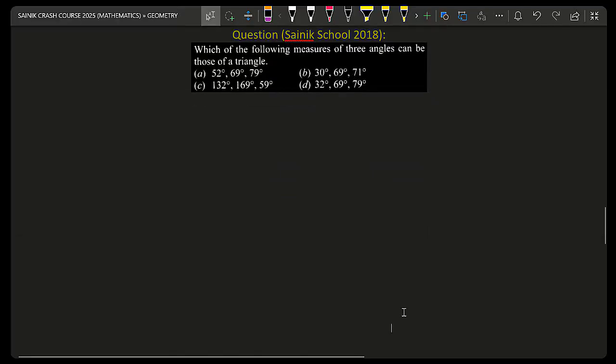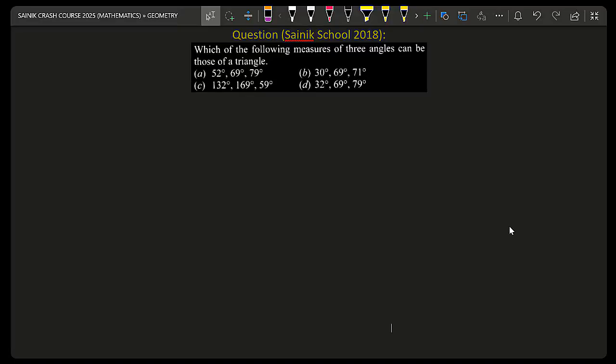Which of the following measures of three angles can be those of a triangle? Simple question. Who is going to answer this? Daksh, read the question again. Which of the following measures of the three angles can be those of a triangle?